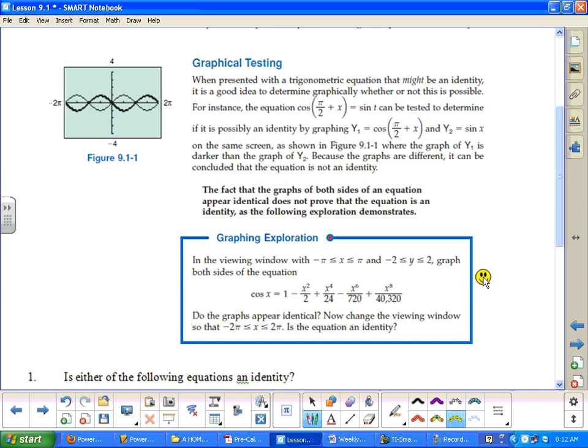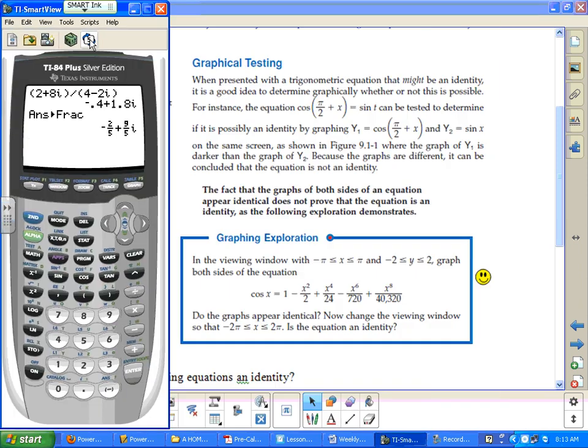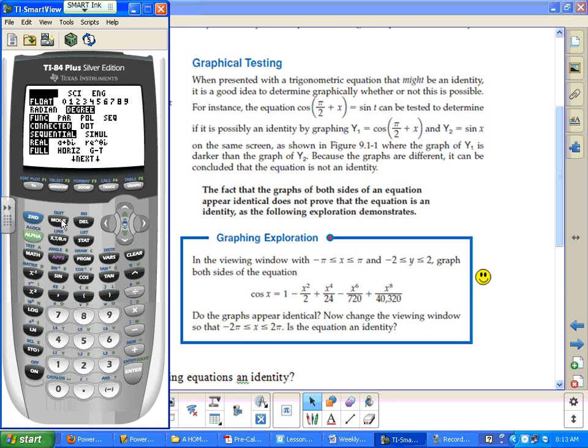So we want to graph cosine of x in y1 and this other side in y2. So first use that window and check to see if it could be an identity. And hopefully you should be in radians here.